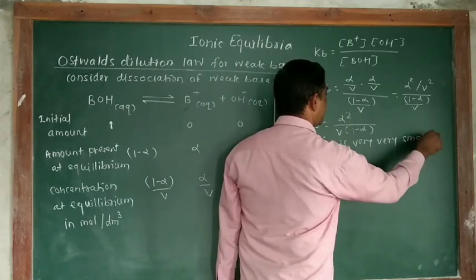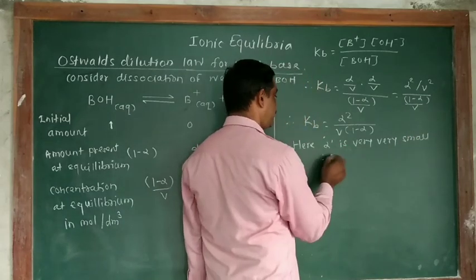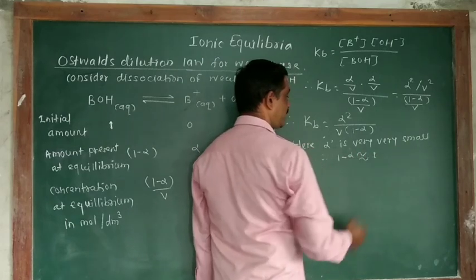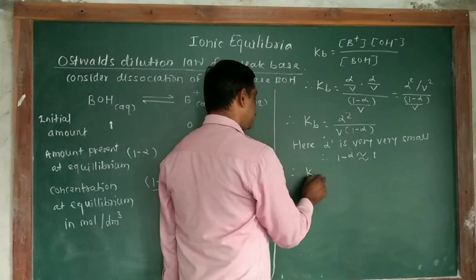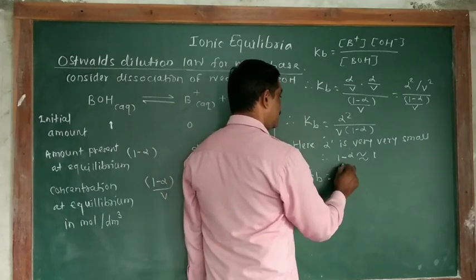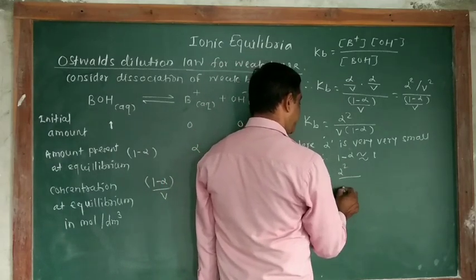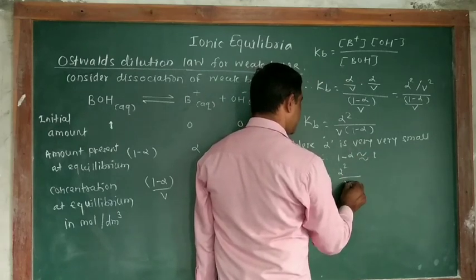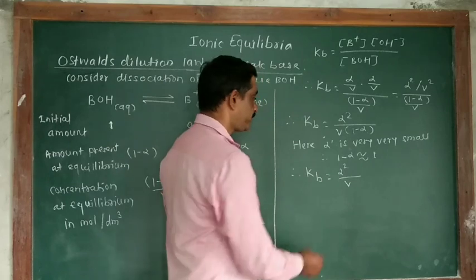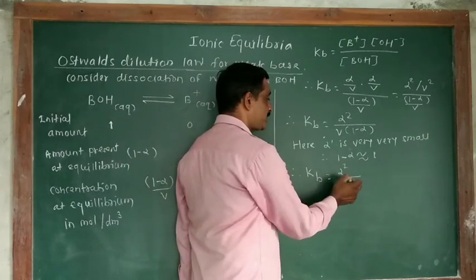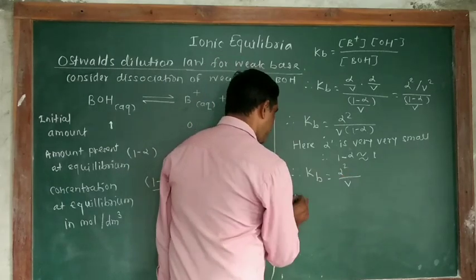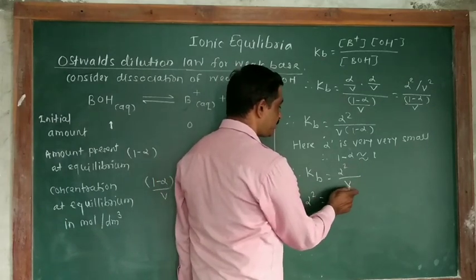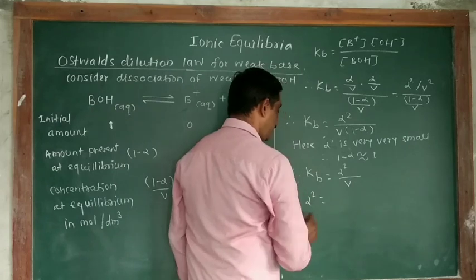The value of alpha is very small, and therefore 1 minus alpha is approximately equal to 1, and therefore Kb is equal to alpha square divided by V, since the 1 minus alpha becomes 1. So Kb is equal to alpha square upon V.